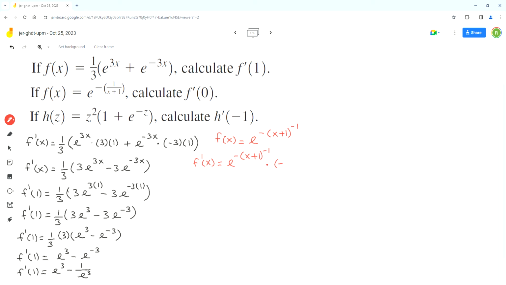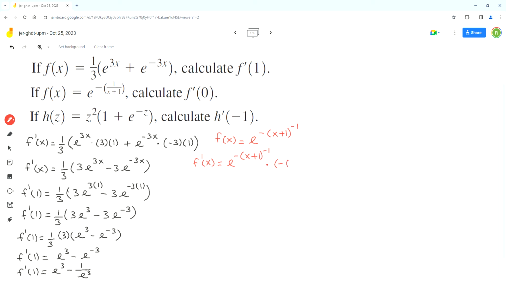Now here we'll have to use the chain rule, because the exponent has an inner function x plus 1 and the outer function is the power function with the exponent negative 1. So we start with the derivative of the outer function. We can use the power rule.